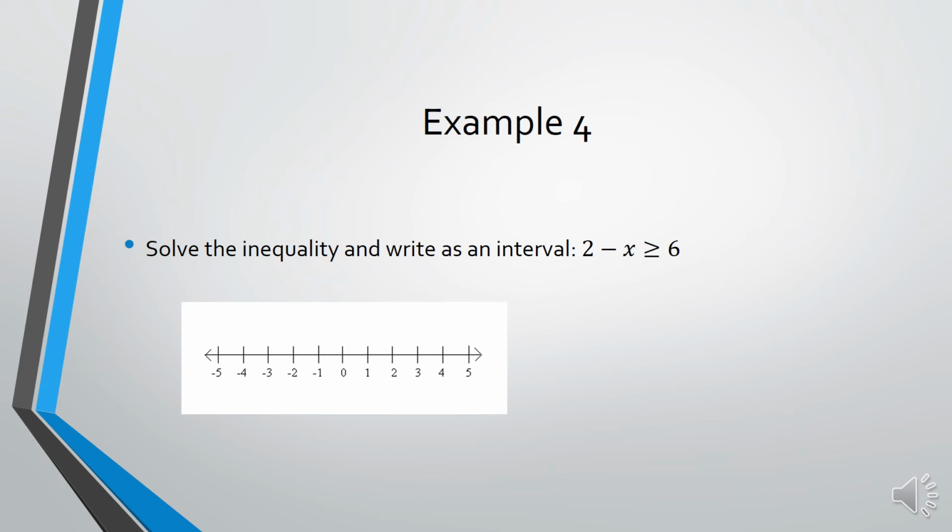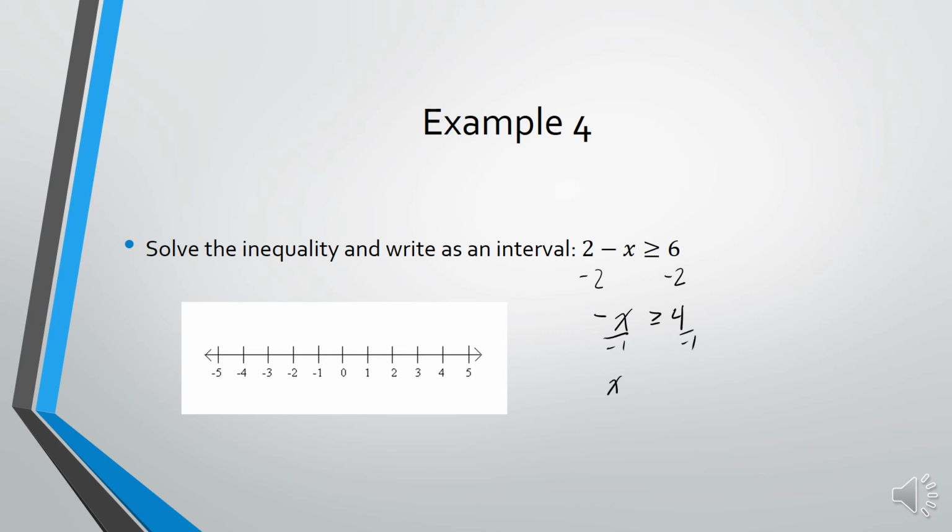Now let's solve 2 minus x is greater than or equal to 6. So again, we're going to treat this just like an equal sign, unless I divide by a negative or multiply by a negative. To get x by itself, I'll subtract 2 from both sides. So I get negative x is greater than or equal to 4. Now, to get x by itself, I'm going to divide both sides by negative 1.